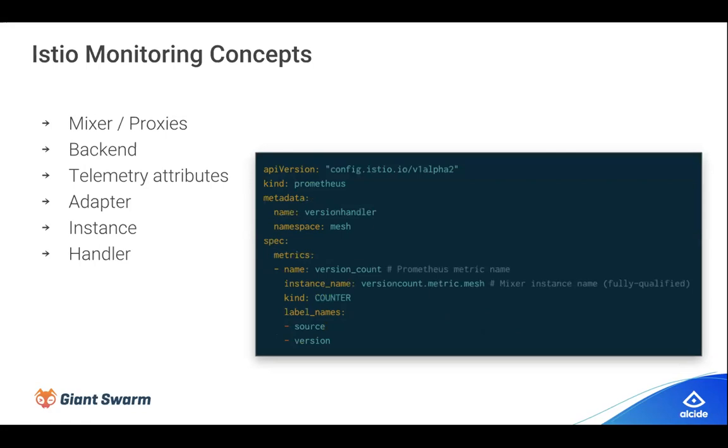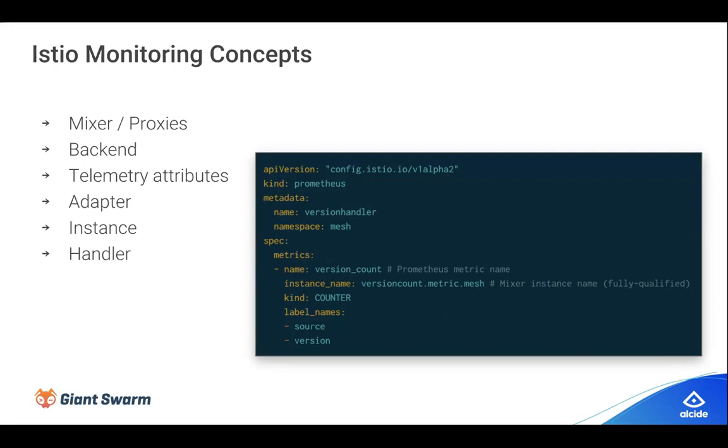Then we have the handler, which is the configuration of the backend itself. As every backend has a different way to be configured, we need to map the instance that we have defined before to a specific backend. So this is the configuration that we add in the handler.